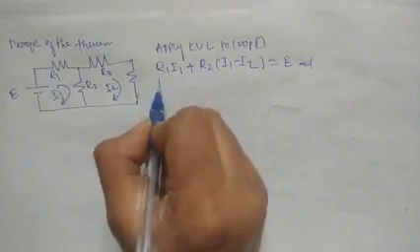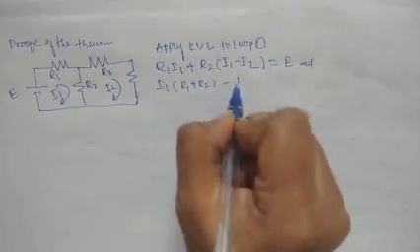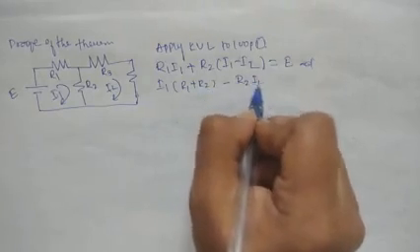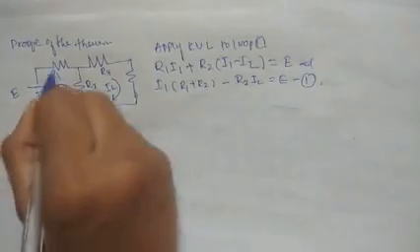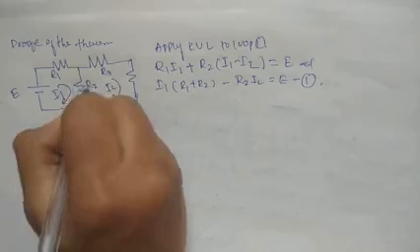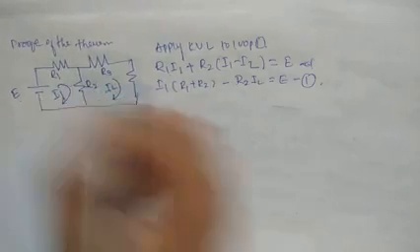Means we have to simplify. I1 (R1 plus R2) minus R2 IL equals E. Equation 1. I1 with R1, R2 common, I1 minus IL equals E, EMF.